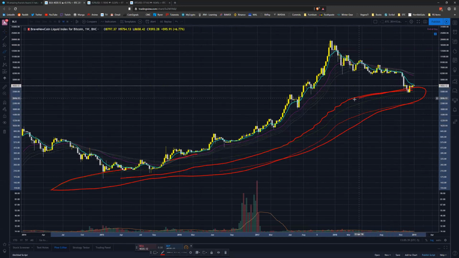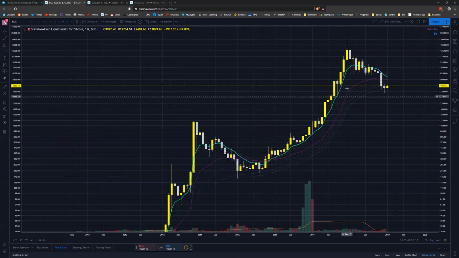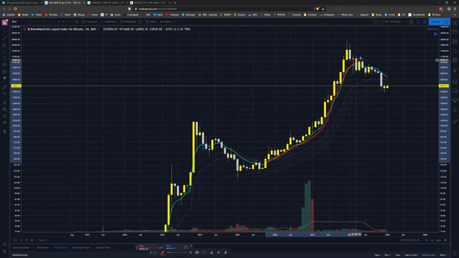And we want to think about how price cycles to and from these areas, right? And so then we see price does not break the 8 all the way until this point, right?